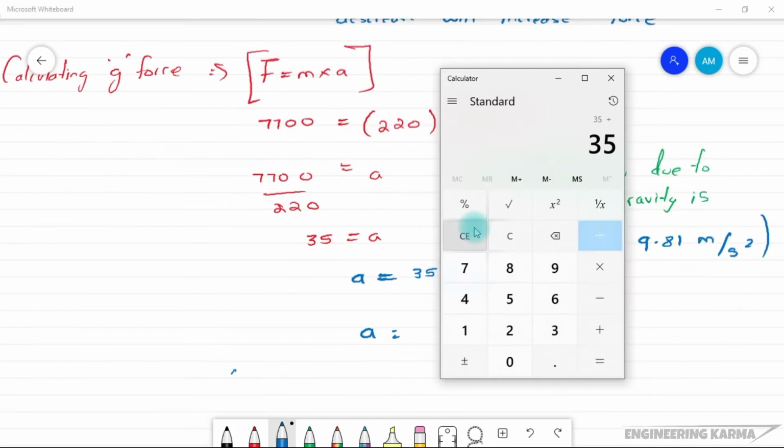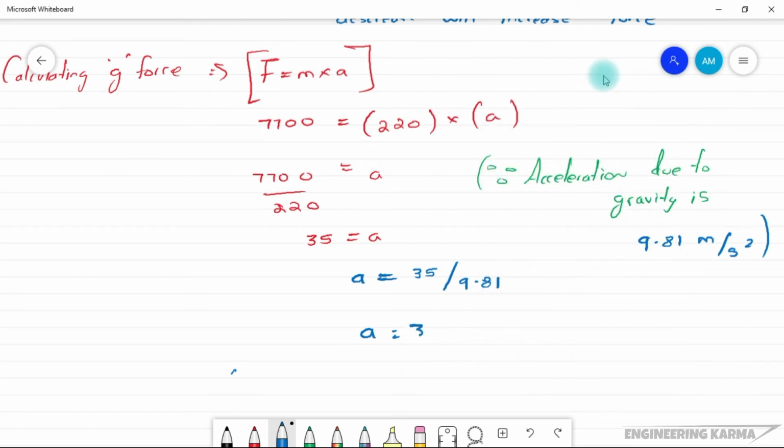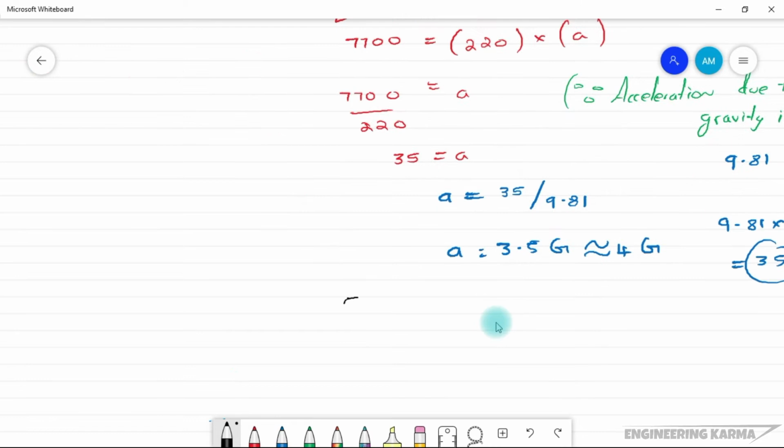Dividing 35 by 9.81, I am getting 3.5 g-force. Approximately 4 times gravity will act on the vehicle. Again F equals ma, but here 4 times gravity is the acceleration.